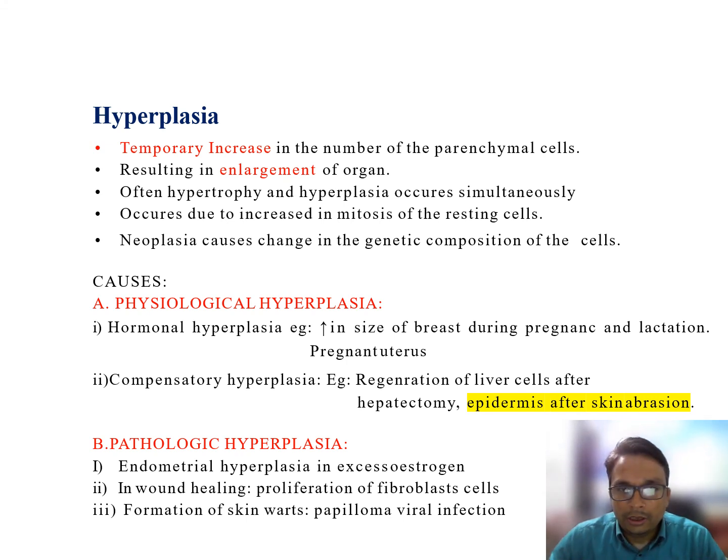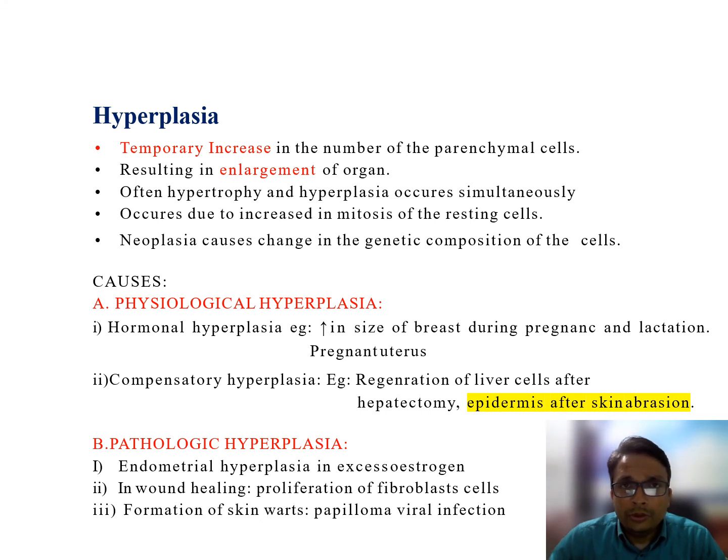And if the estrogen quantity is reduced suddenly, that results in shedding of the endometrial layer, which results in the menstruation in women.